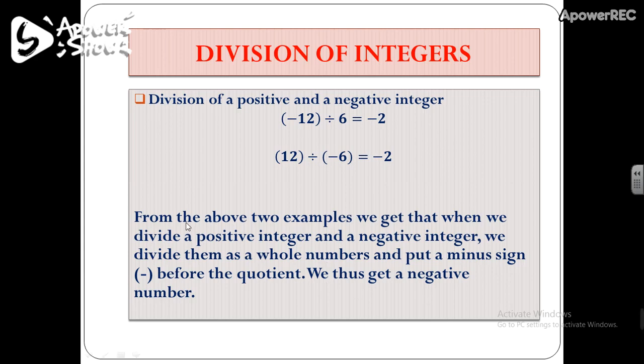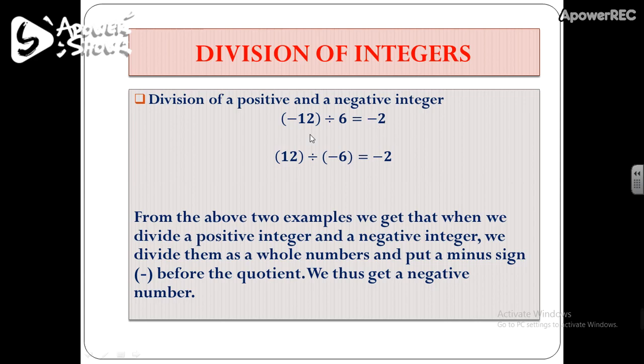So from the above two examples we get that when we divide a positive integer and a negative integer, we divide them as whole numbers. So we just divide 12 by 6. So we are dividing them as whole numbers, and then we just put a minus sign before the answer. So we are just putting this minus sign before 2.